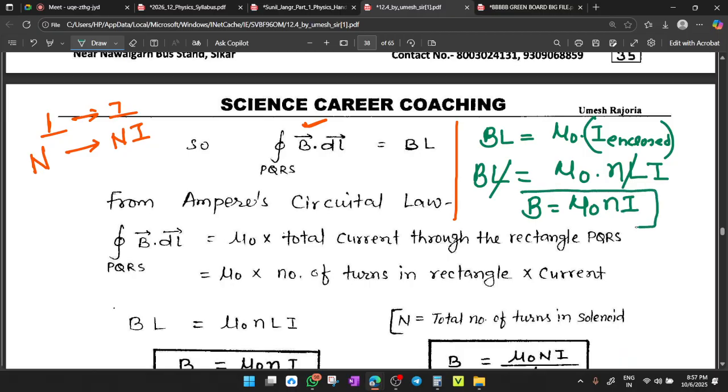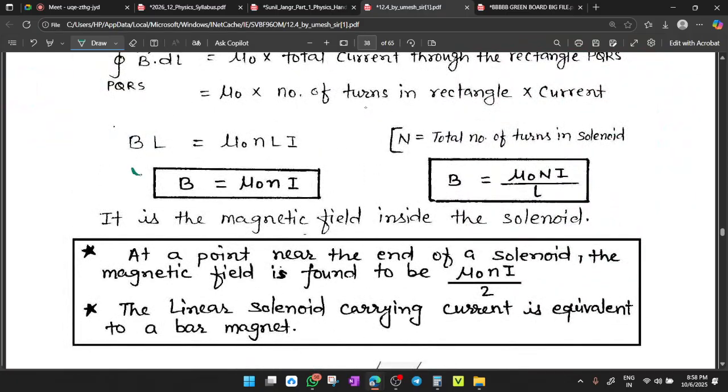So this is the magnetic field inside the current carrying solenoid. If you want, you can place the value of small n, that is capital N by L, so it equals mu naught NI upon L. Done. Clear? So this is the magnetic field inside a solenoid.